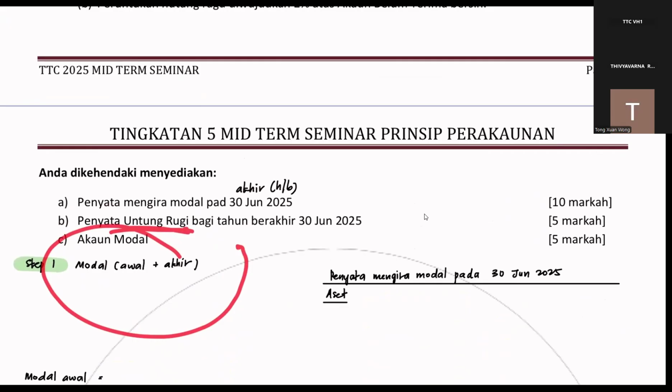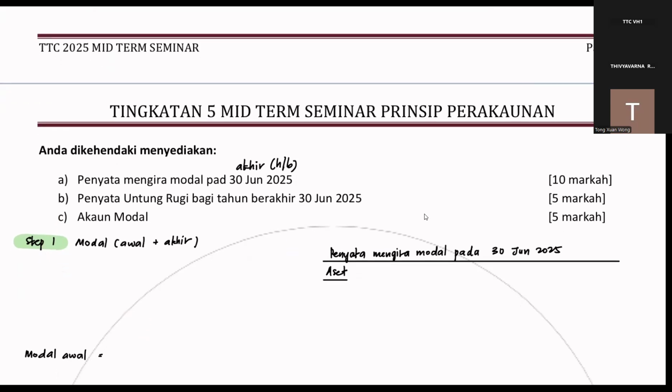But no matter whether it's modal awal or modal akhir, the formula and the theory will be exactly the same. We'll still use the first formula that we learned since Form 4 Chapter 2, which is asset equals to liability plus equity pemilik. And modal is under equity pemilik, right?